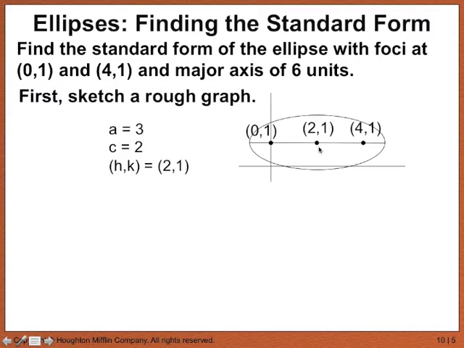Because if my center is exactly at the center of the major axis, at the point (2, 1), well, then I know that the distance from that center to either focus is 2, and I can see that clearly here because the difference in x-coordinates is 2. And I also know that (h, k) is (2, 1). (h, k) is our center. The center is at (2, 1).